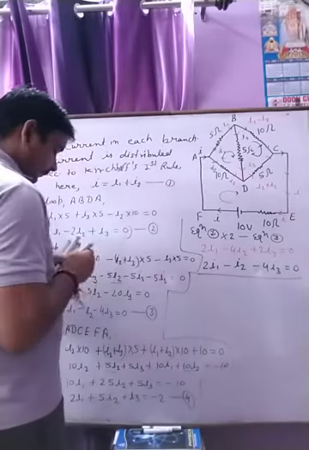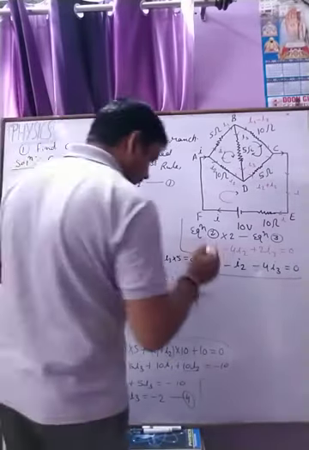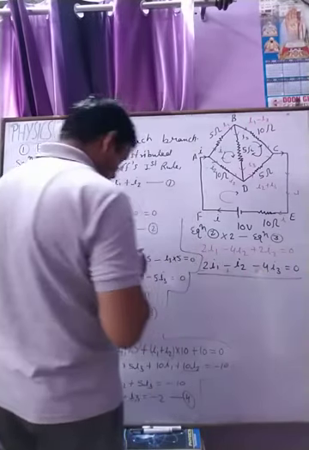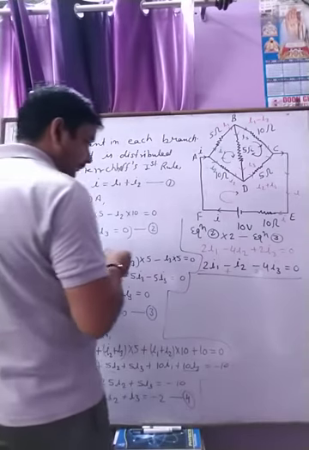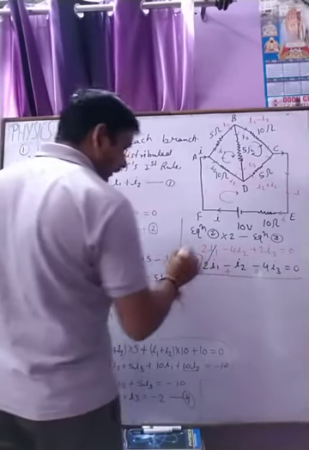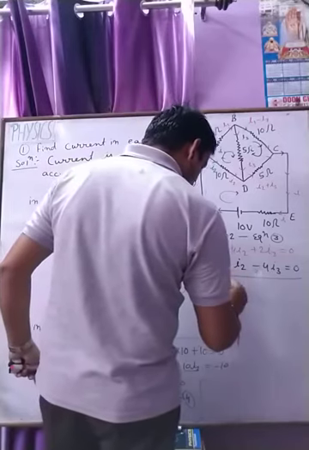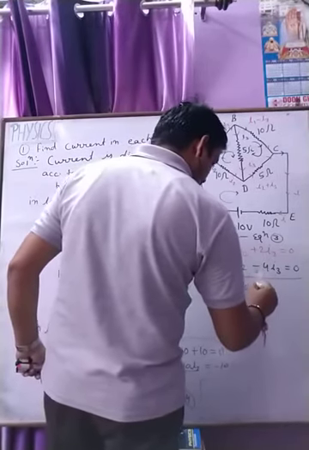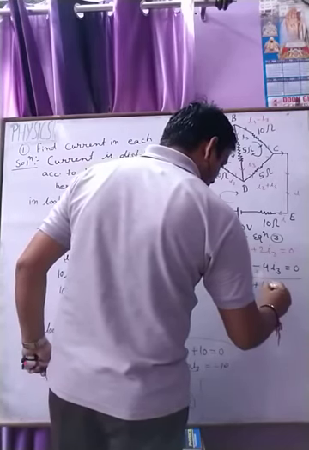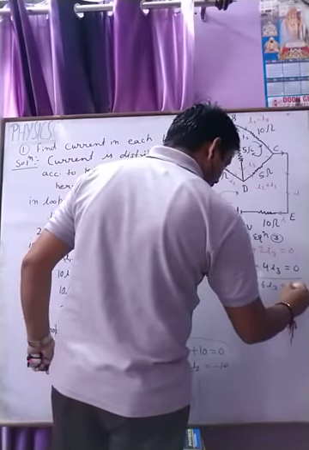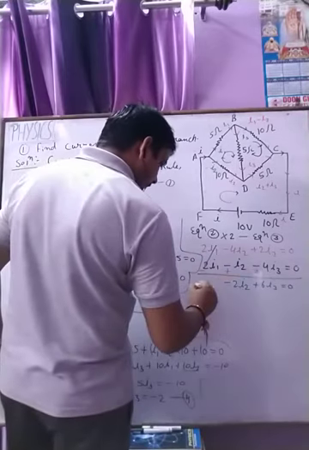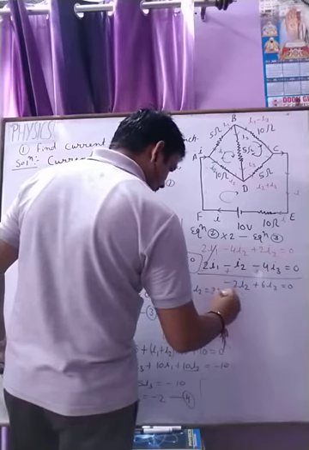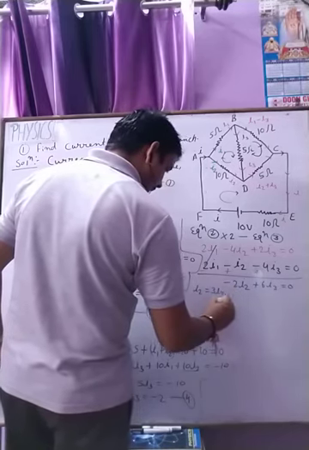On solving, negative becomes plus, we get this cancels, minus 2I2 plus 6I3 equal to 0. Therefore I2 equal to 3I3.